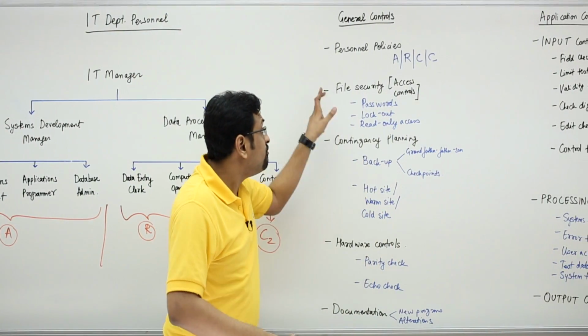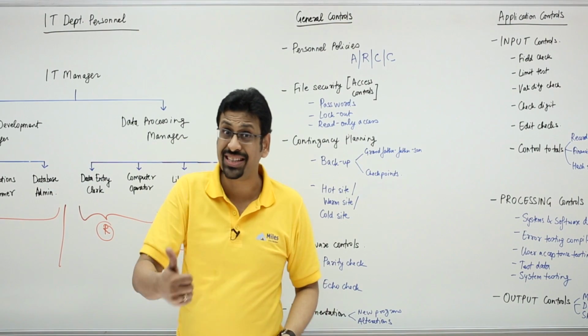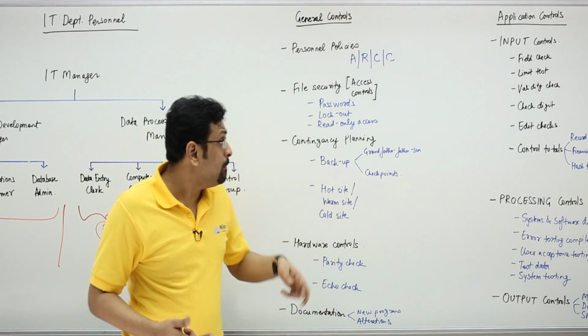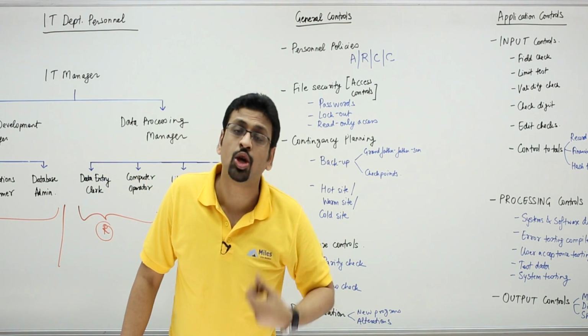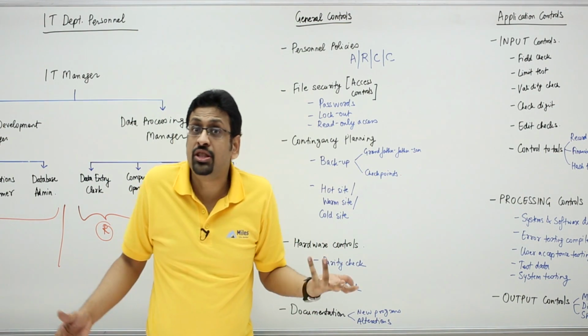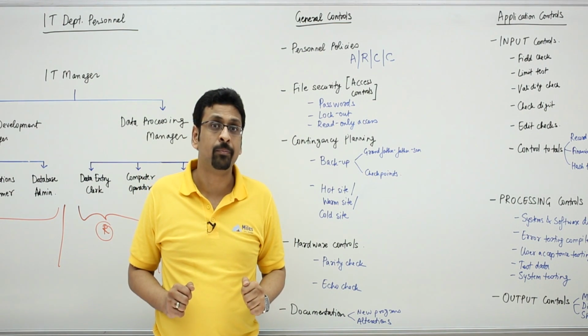Moving on, we're looking at file security, where we want to have access controls, both physical access as well as electronic access. It's important to have passwords, and you might also want different levels of password authority. Let's say some of the employees in the firm may receive only read-only access to a database. They can't edit anything there.